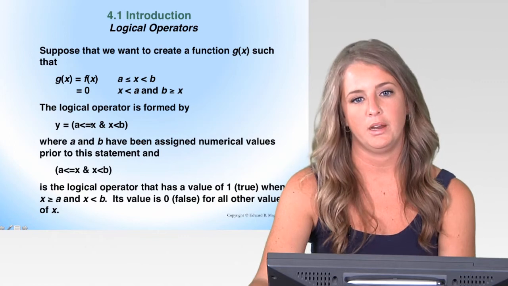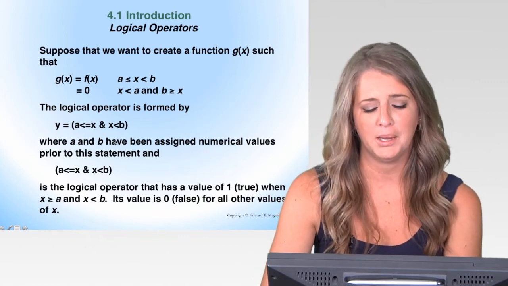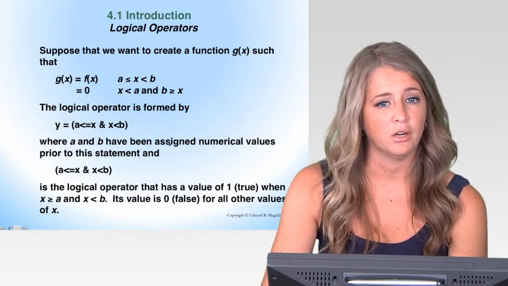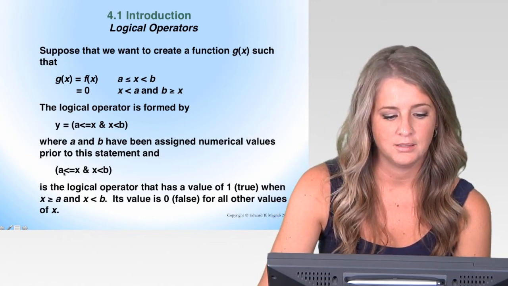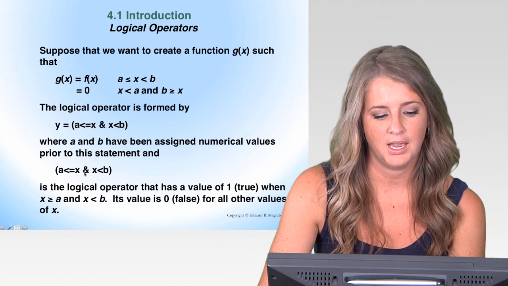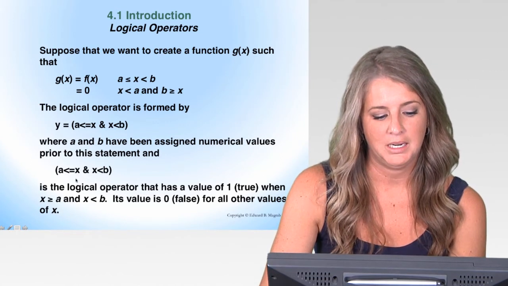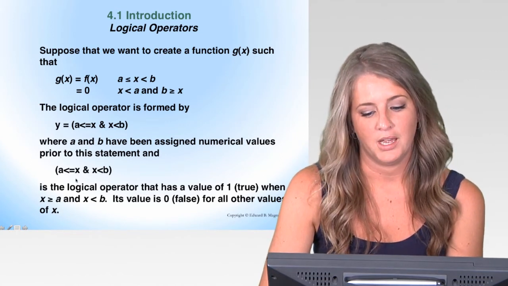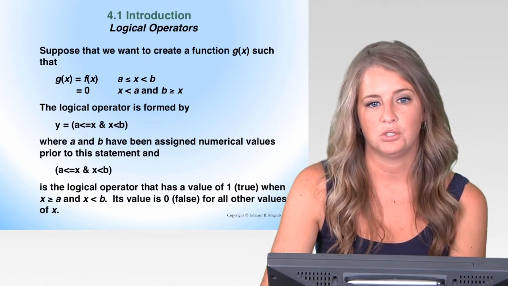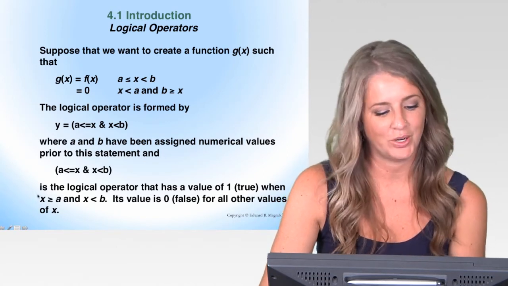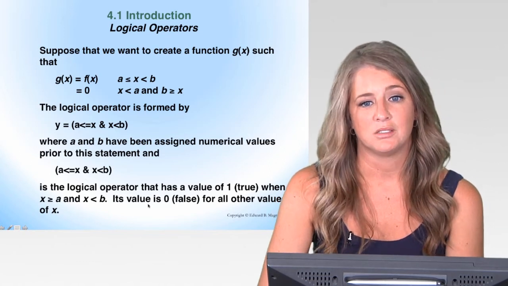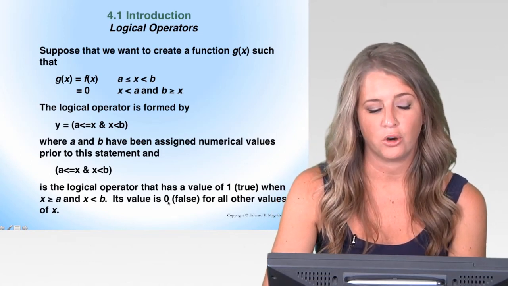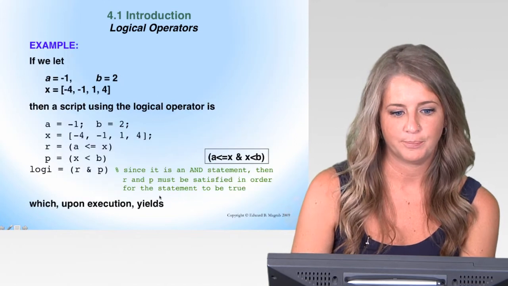That's how you would write it out in MATLAB, where a and b have been assigned numerical values prior to this statement. The expression x greater than or equal to a and x less than b is the logical operator that has a value of 1, meaning it's true, when x is greater than or equal to a and x is less than b. Its value is false, 0, for all other values of x.